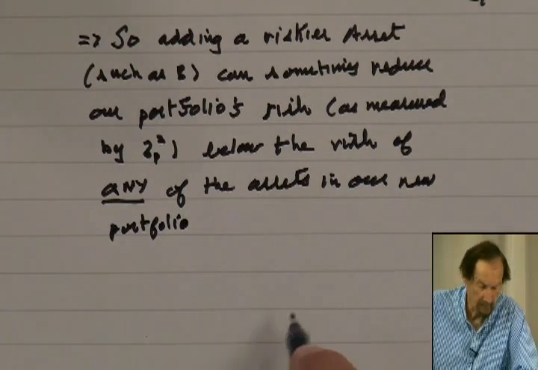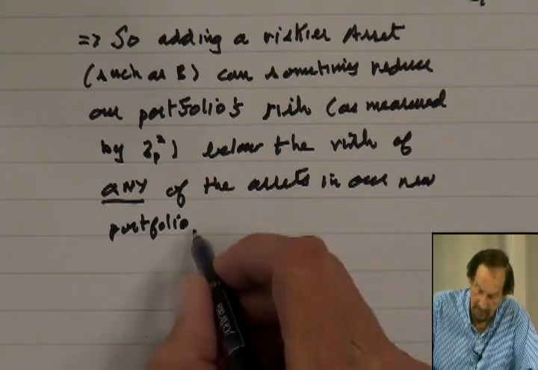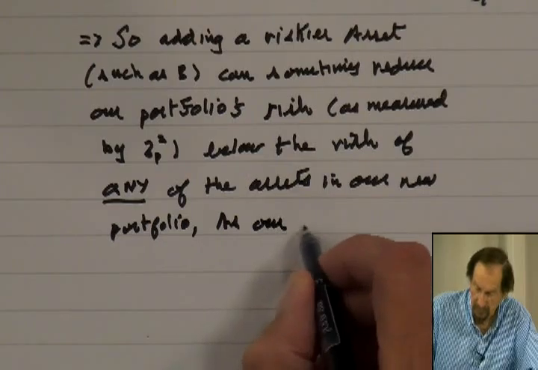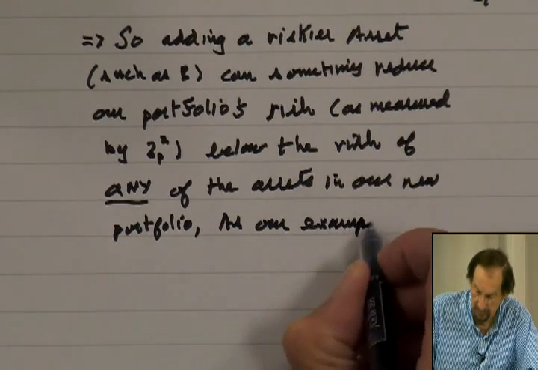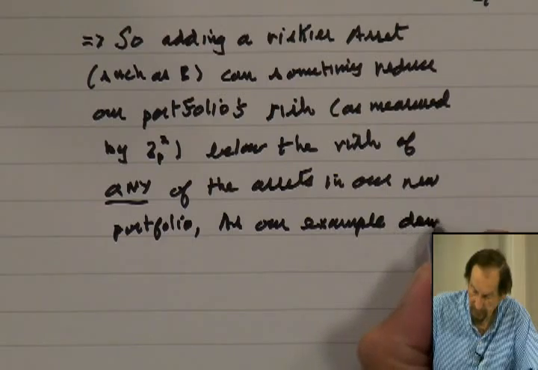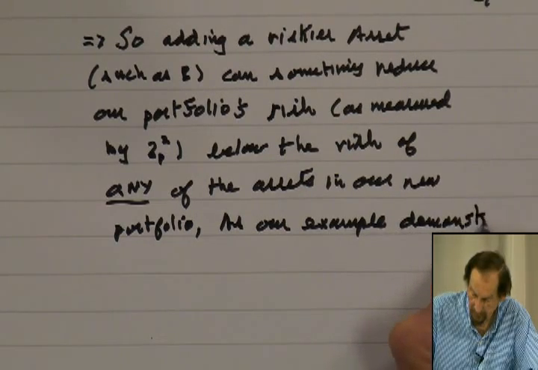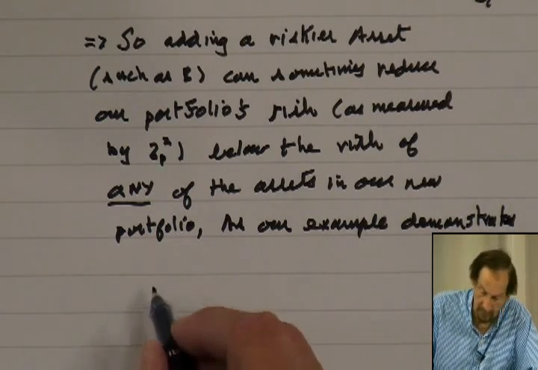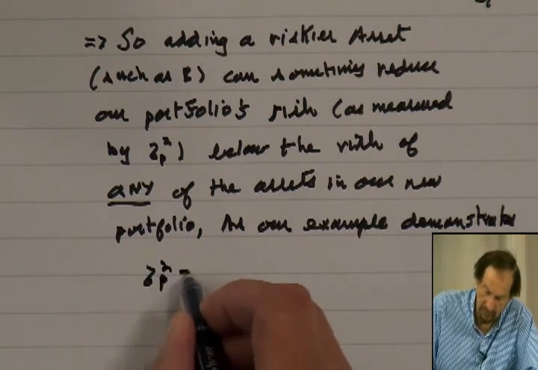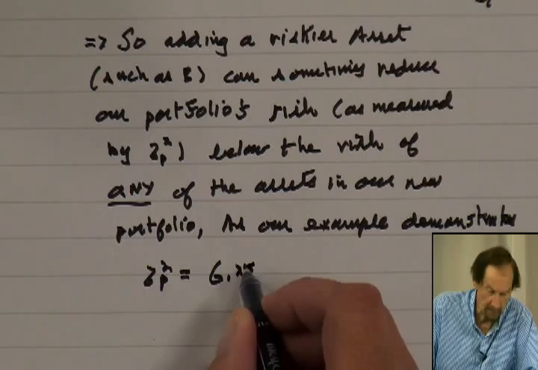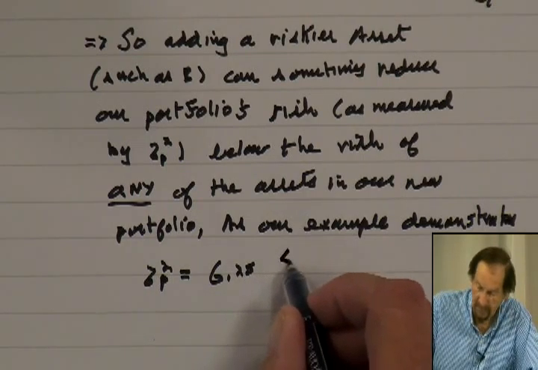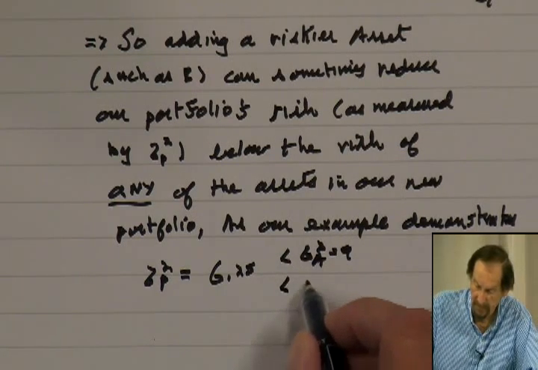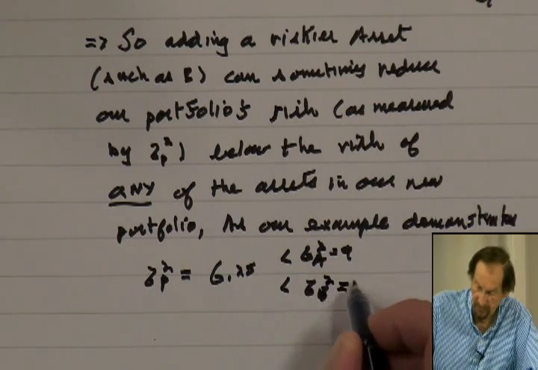And in fact, as our example demonstrates, because we got sigma p squared equals 6.25, and 6.25 is less than sigma a squared equals 9, and it's also less than sigma b squared equals 16.